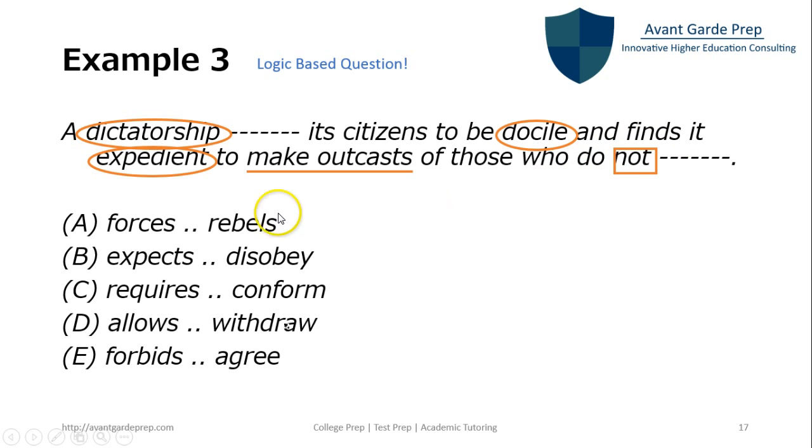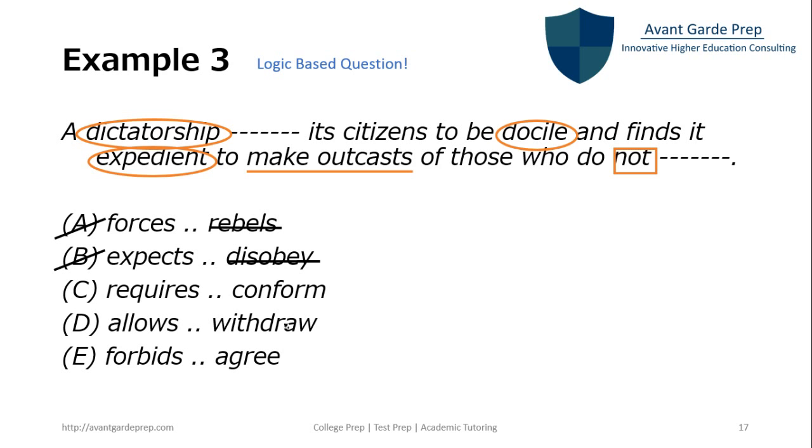Okay, so if we look at our second set of answers here, if a citizen were to rebel, that is not what the dictatorship wants their citizens to do. So answer choice A would be eliminated. Disobey. The dictatorship does not want its citizens to disobey, so we would have to eliminate that answer choice as well. Conform. A dictatorship does want its citizens to conform, so we're going to leave C around for now.